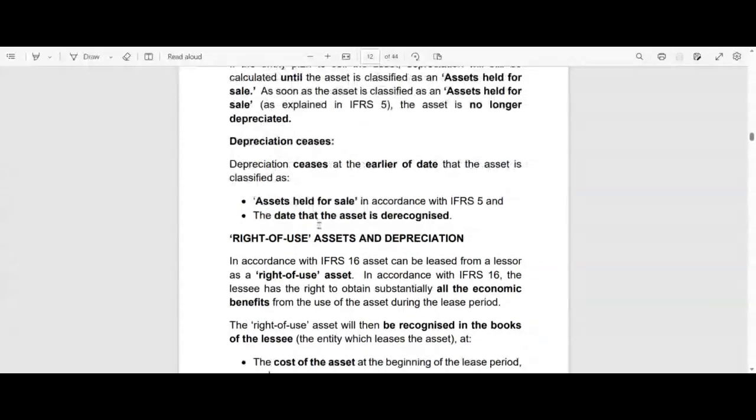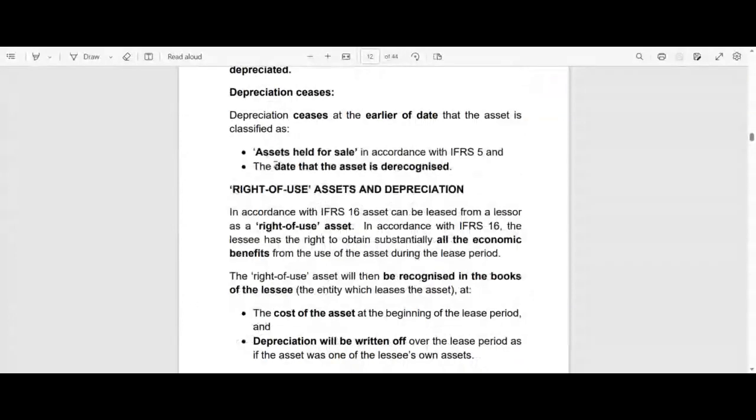Depreciation then obviously ends as soon as, well, this is the default, as soon as the asset is derecognized. When is an asset derecognized? Either when it becomes useless or worthless to us, or when we sell it. So we are only derecognizing an asset if we either sell it or if it has no future economic benefits for us, so it has become worthless.